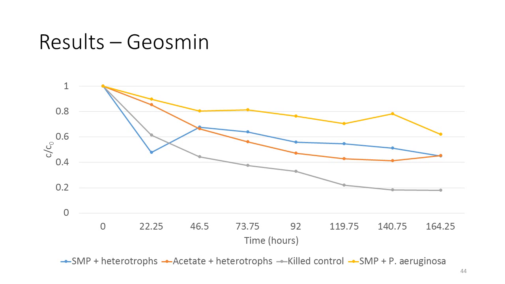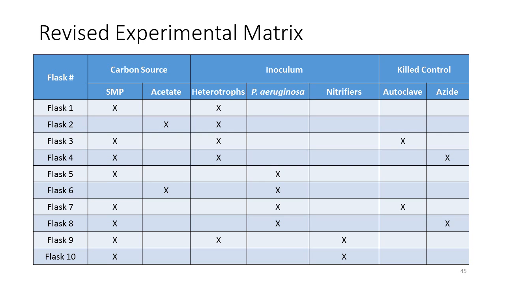So to test whether that was what happened, we have a new experimental design of 10 different flasks. There are still the same heterotrophs and SMPs and heterotrophs and acetate, but now we have 2 kill controls: autoclaving and using azide, which would hopefully keep the cells intact but kill them.